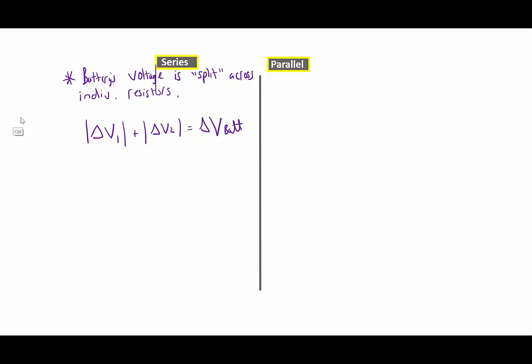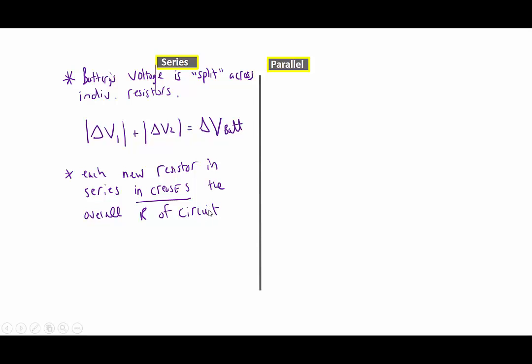I'm going to come up with a little analogy in a second, but what was going on was that each new resistor in series increases the overall resistance of the circuit.